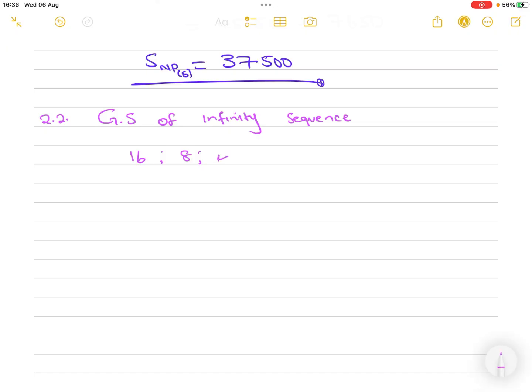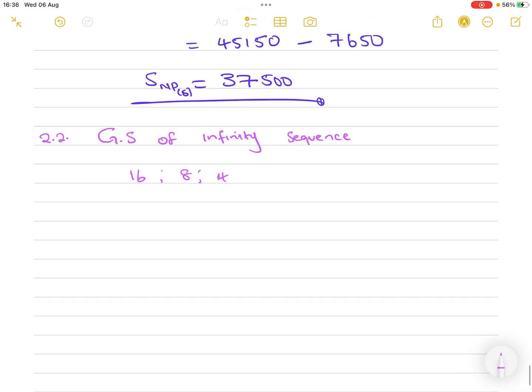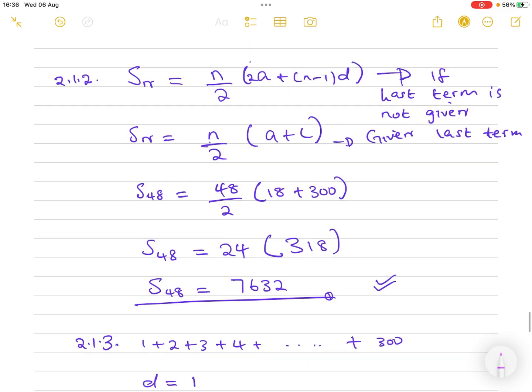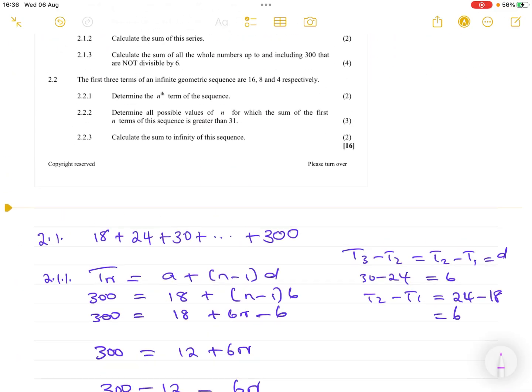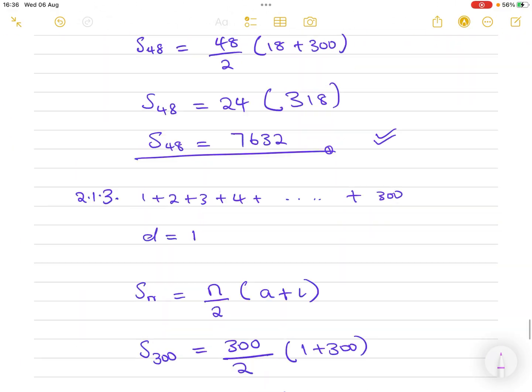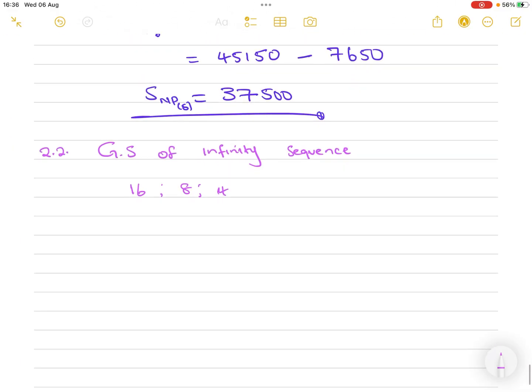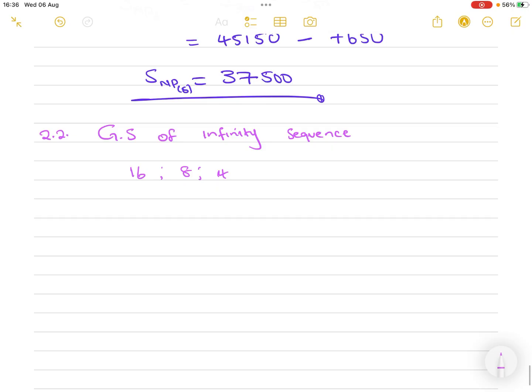Okay. So the first question is 2.2.1. Determine the nth term of the sequence. I'm told that the sequence is geometric. But I can just continue.